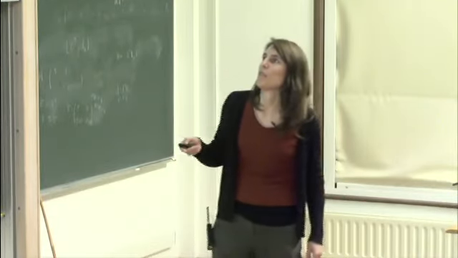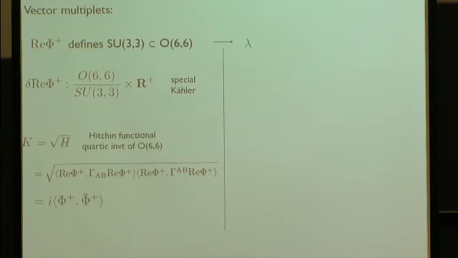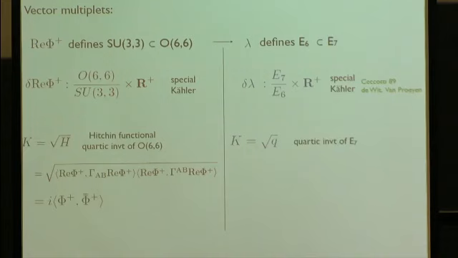Now, if we turn on the Ramond-Ramond fluxes, if we do exceptional generalized geometry, this phi plus is in vector multiplets, and instead of phi plus, what we have is this bispinor lambda, and this defines an E6 structure in E7. So this moduli space is going to be E7 over E6 times R plus, and this space is indeed special Kähler. The Kähler potential was found in the early 80s and in the 90s, and is given in this case by the square root of the quartic invariant of E7.